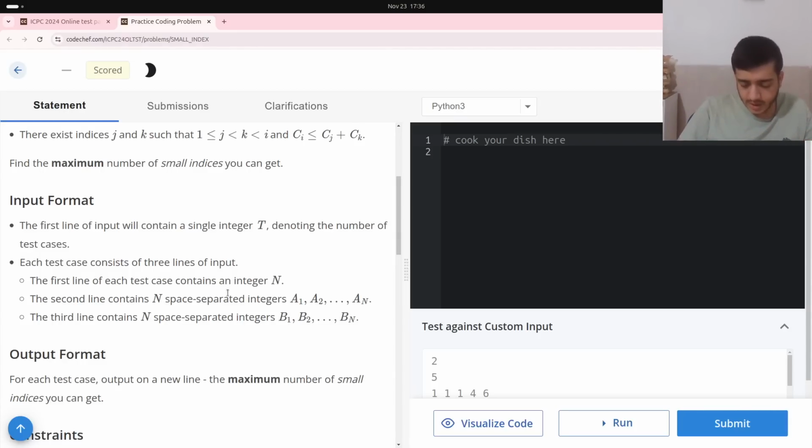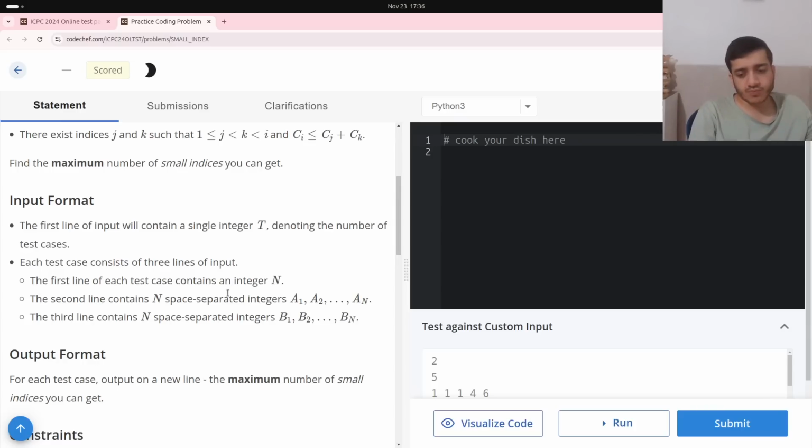Now we are at index I, and we know the level and we know the maximum element before it. And we have two choices. If both of them are above the level, for sure choose the maximum one.